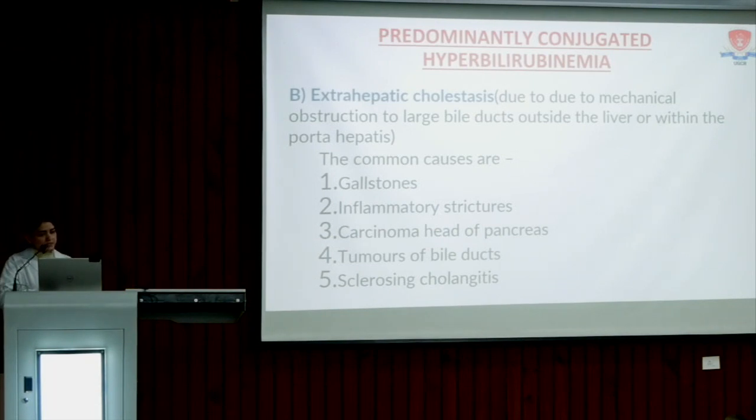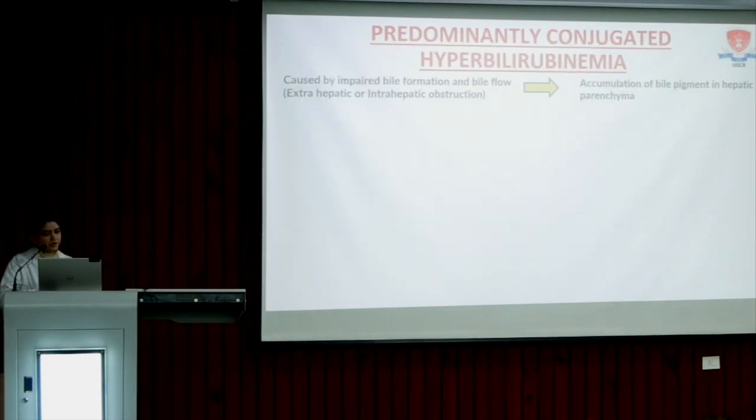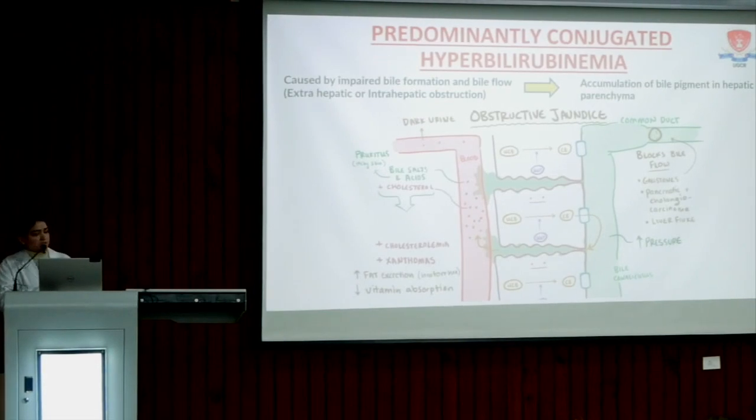Now moving on to extrahepatic cholestasis, which may be due to mechanical obstruction of large bile ducts which are outside the liver or within the porta hepatis. The causes are gallstones, inflammatory strictures, carcinoma of the head of pancreas, tumors of the bile duct, or sclerosing cholangitis. In obstructive jaundice, there is an obstruction in the common bile duct, which can be due to gallstones, pancreatic cancer, cholangiocarcinoma, or even parasites like liver fluke that end up in the common bile duct obstructing it.